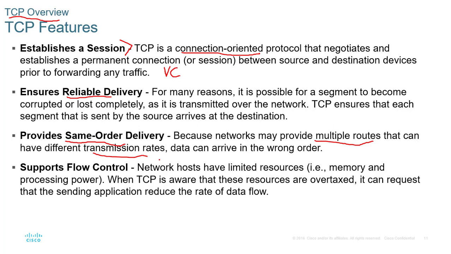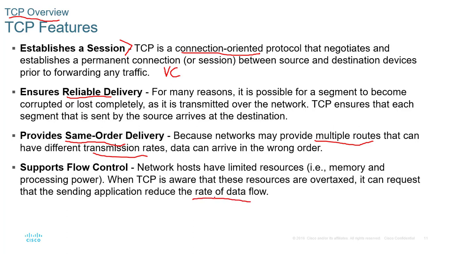And network hosts have limited resources, memory, processing power, network interface speeds. And so when TCP is aware that these resources are being overtaxed, it can request that the sending application reduce the rate of data flow.